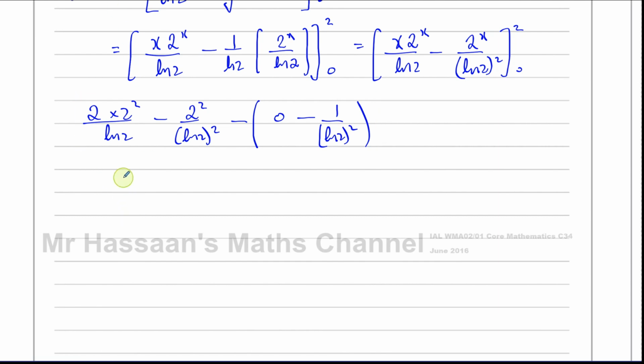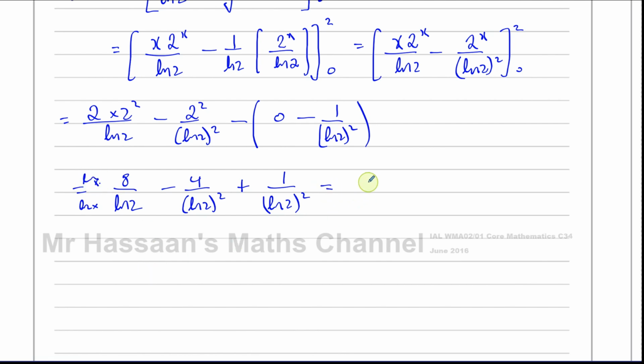Okay, so now you have 8 over ln 2 minus 4 over ln 2 all squared. Remember, we can't use the power law here. Minus and minus is plus 1 over ln 2 all squared. And we want to make them the same denominator. So I'm going to multiply this by ln 2 and this by ln 2.